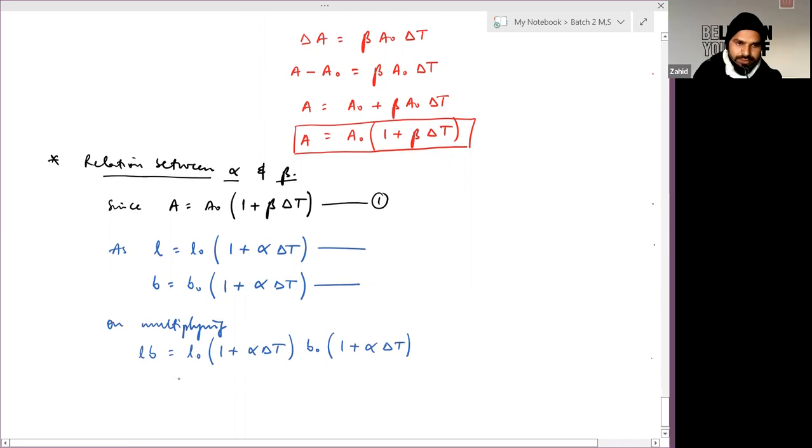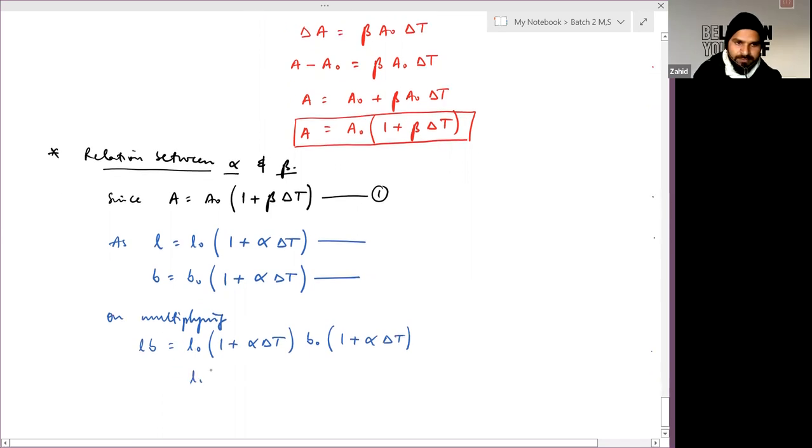Now L naught and B naught are multiplied by (1 plus alpha delta T) raised to power 1 and power 1, so on combining, you will get (1 plus alpha delta T) raised to 2. According to binomial expansion, (1 plus x) to the power n equals 1 plus n times x.